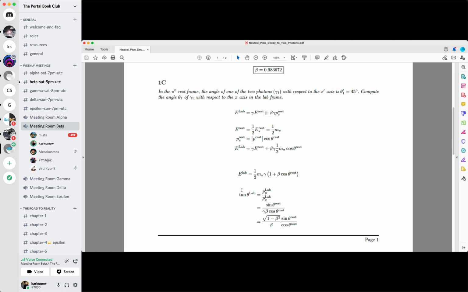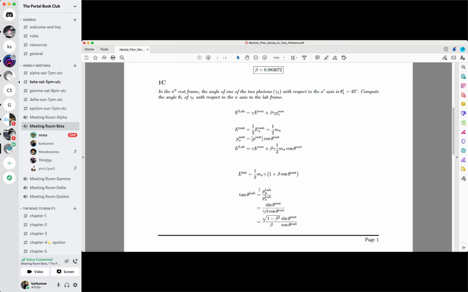Sorry, one more question. So this primed theta is theta rest, right? Correct. Yeah, and then the unprimed coordinates are the lab coordinates. Mm-hmm. Yeah, okay. But I actually dislike working with primes and unprimed, so I prefer to label it lab and rest.